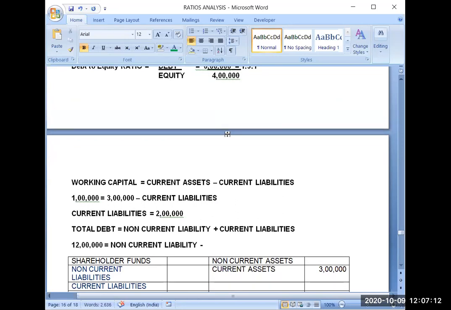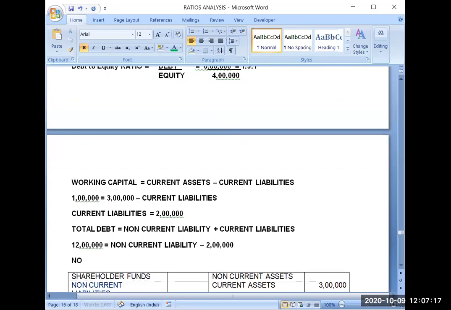Now I have got 2 lakh. So that way my non-current liability will be 12 lakh plus 2 lakh, 14 lakh. Wait, I put the wrong symbol. It should be minus: 12 lakh minus 2 lakh, it will be 10 lakh.